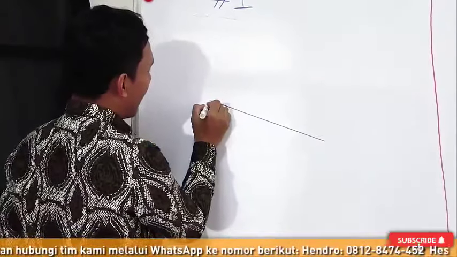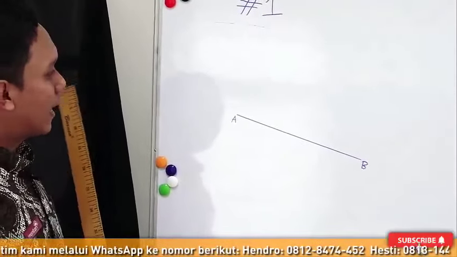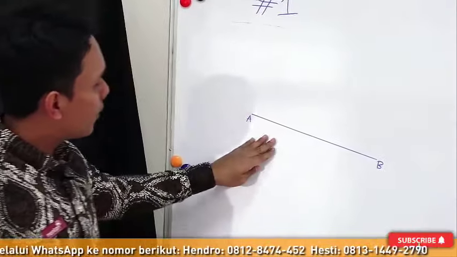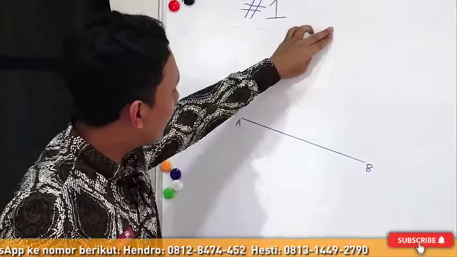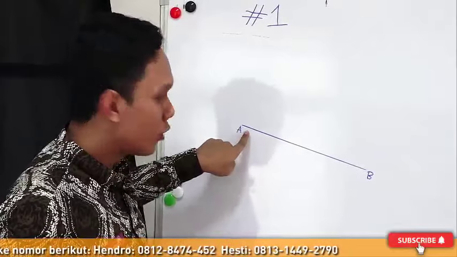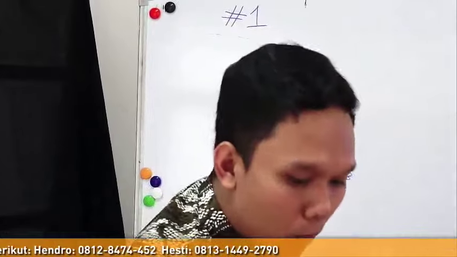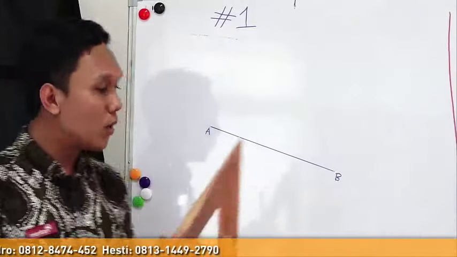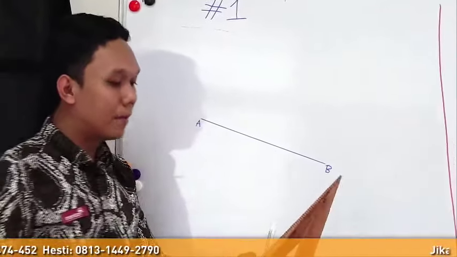Let's say line AB. After this, the question is how then we can draw another line that is perpendicular to line AB. Yeah? So we can use the set square to draw another line that is perpendicular to AB.